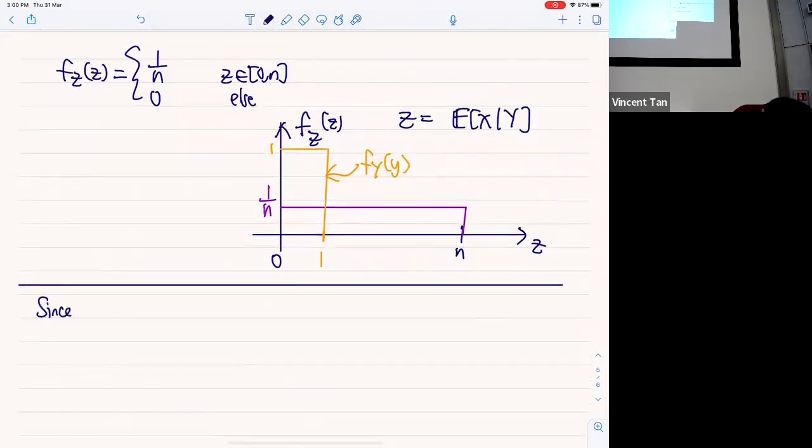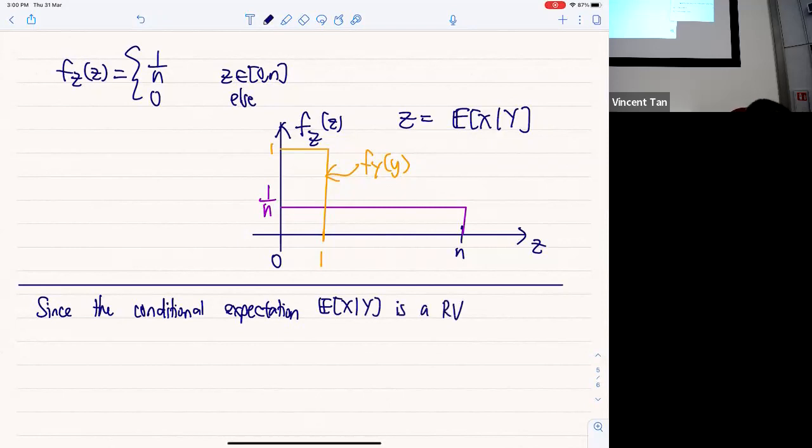Since the conditional expectation of a random variable given another random variable, expected value of X given Y, is a random variable, it has an expectation, which is a number.